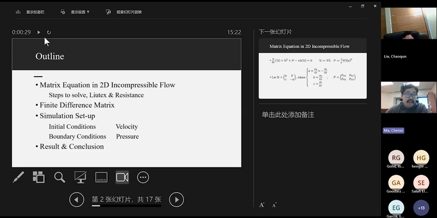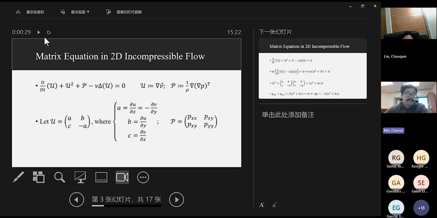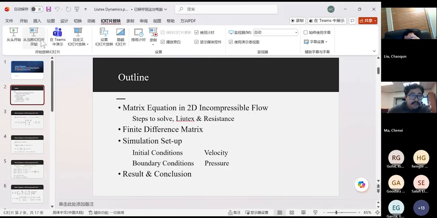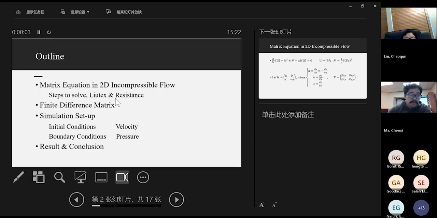After that, I will talk about how to take finite differences with matrices, and then the initial conditions and the boundary conditions for my simulation, including that for the velocity and pressure.